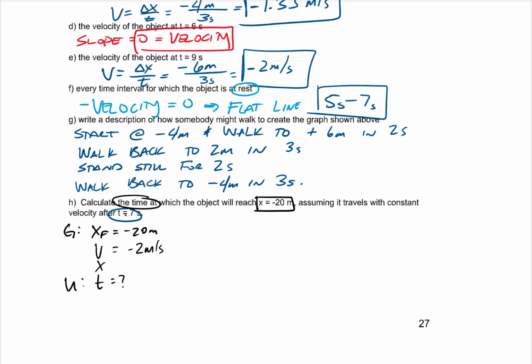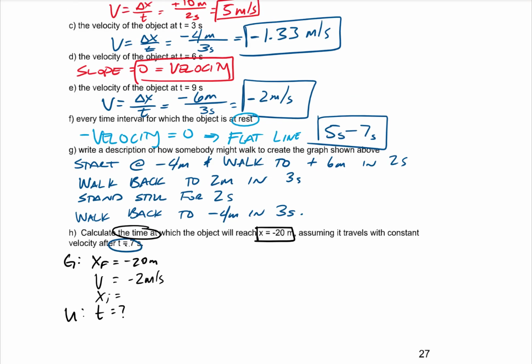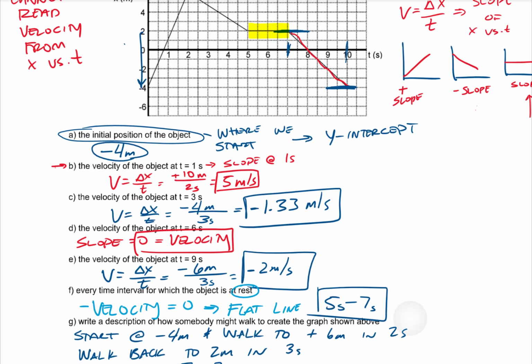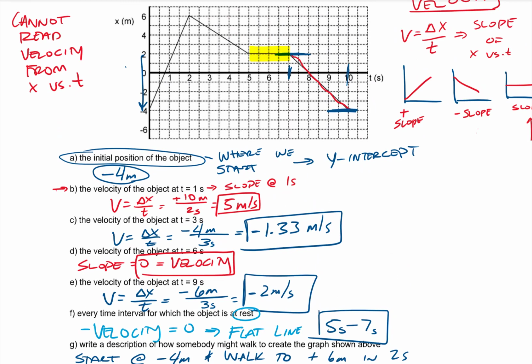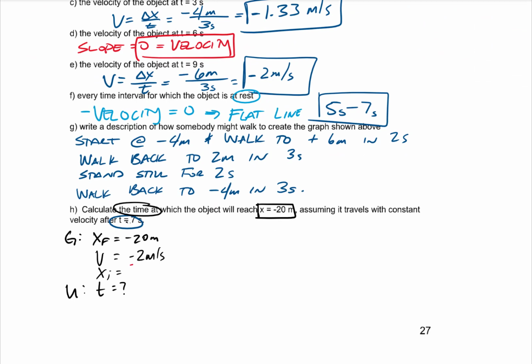And I know that at 7 seconds, my initial position, if we look at our graph, right here at 7 seconds, my initial position is 2 meters. So those are my givens, the final position of -20 meters, the velocity of -2 meters per second, the initial position of 2 meters. My unknown is the time.